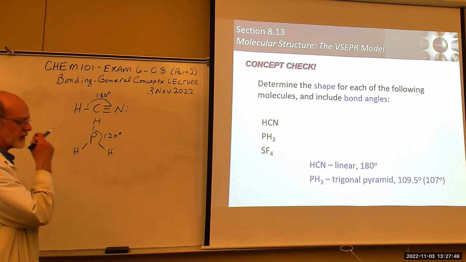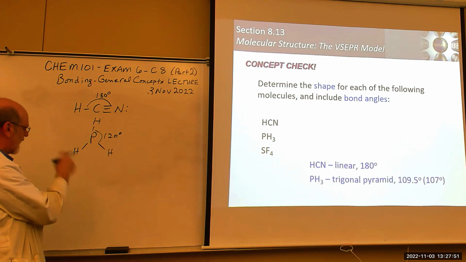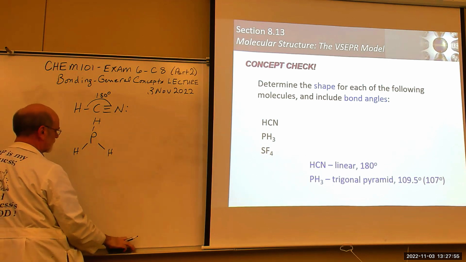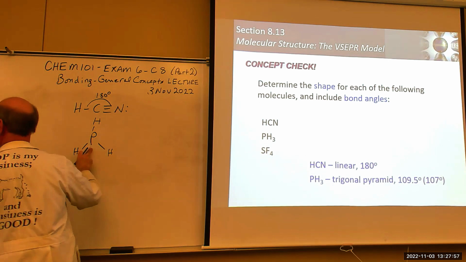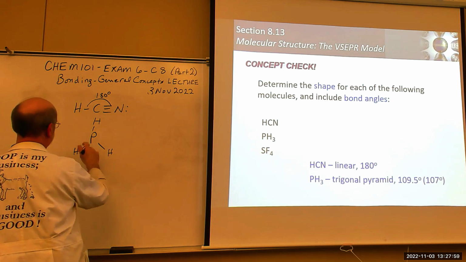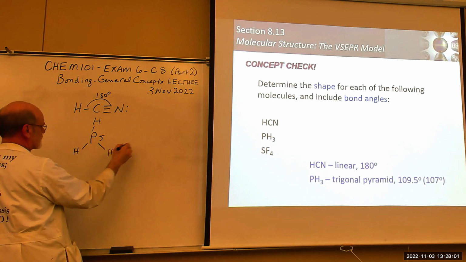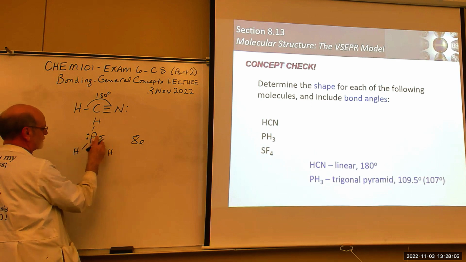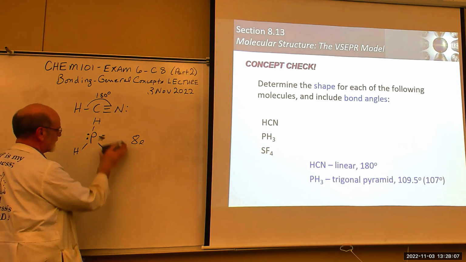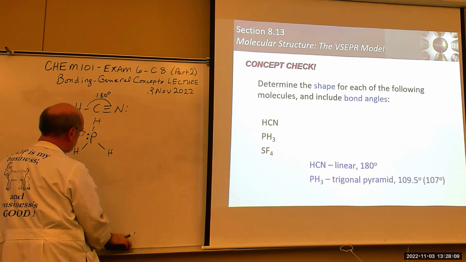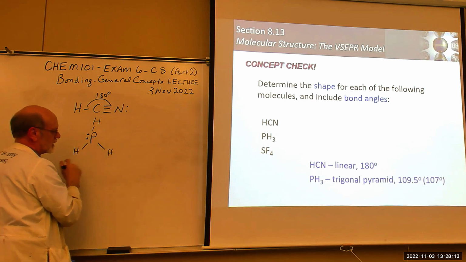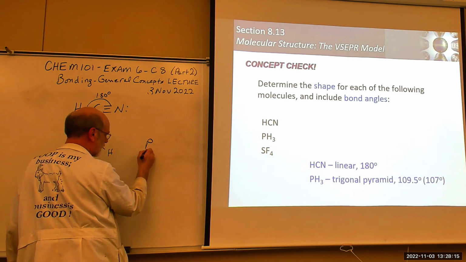Oh, no, that's not right. I'm sorry. I didn't draw the Lewis dot structure, did I? Phosphorus is 5, plus 3 is 8 electrons. So we have 2, 4, 6, 8. There we go. That was my mistake. So we have 1, 2, 3, 4 groups, which means you could write it this way.